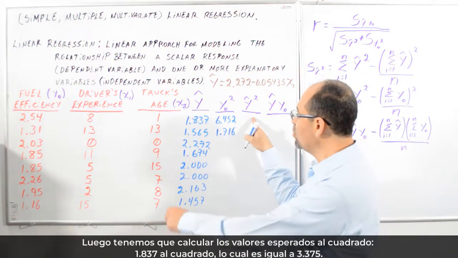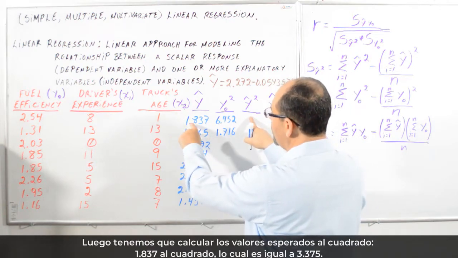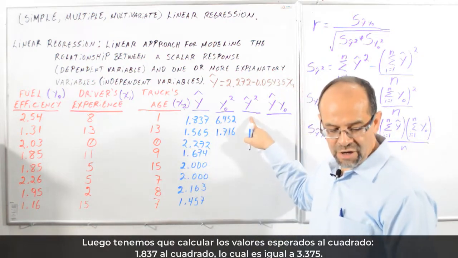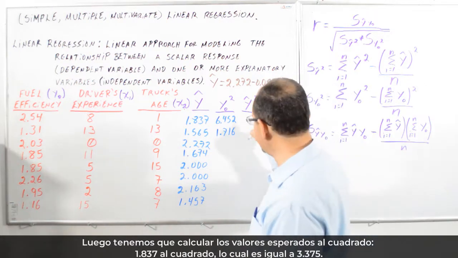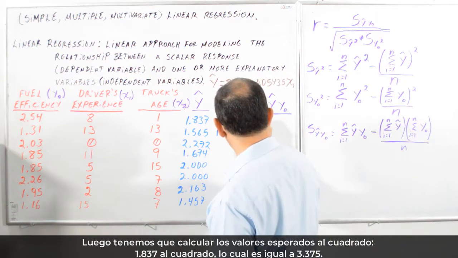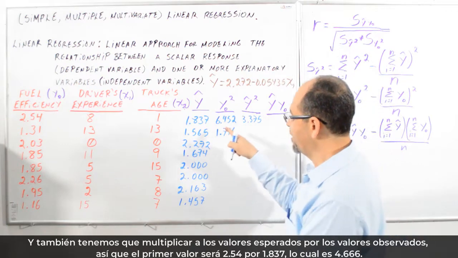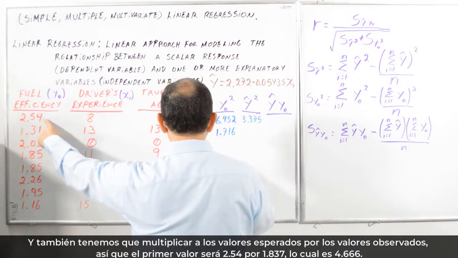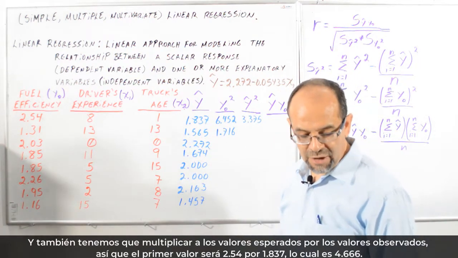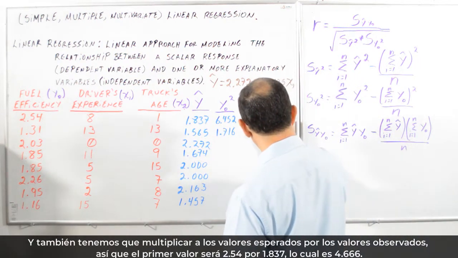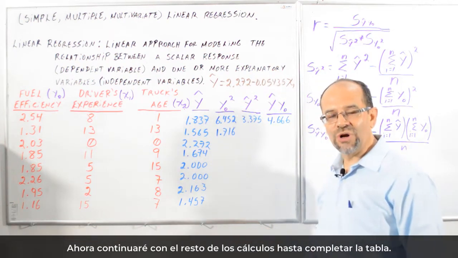Later, I will also do the expected value squared: 1.837 squared is equal to 3.375. And also expected times observed, which is multiplying 2.54 times 1.837, and that one will be 4.666. I will continue with the rest of the calculations.